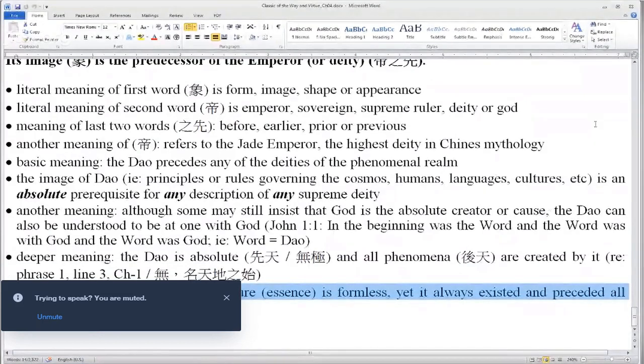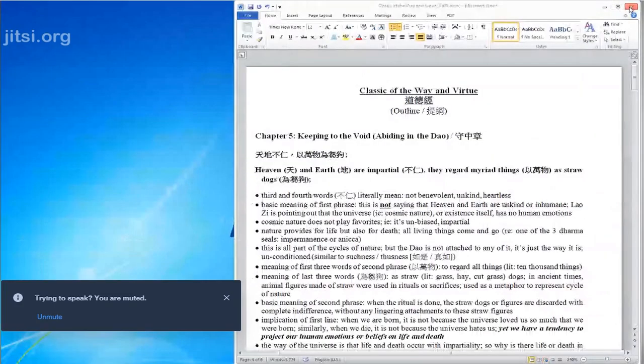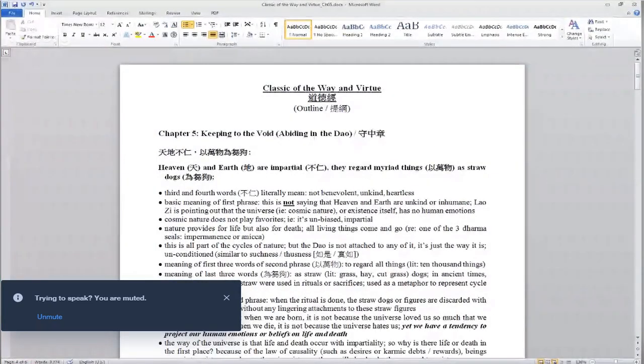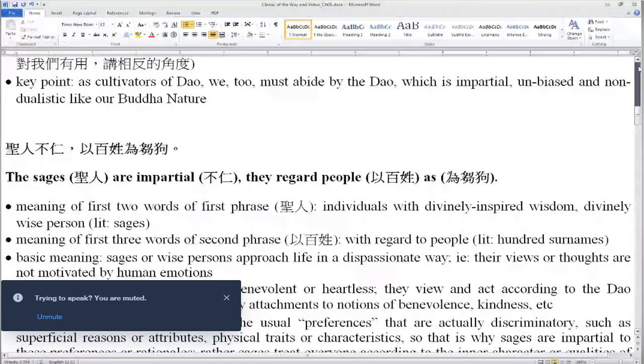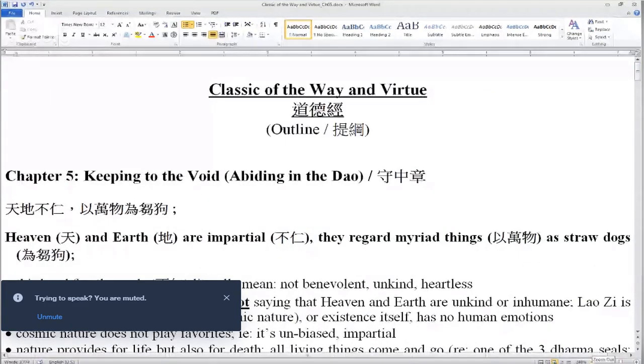Now I'd like to go to chapter 5. Here it goes. Can you guys see it, the whole thing? Is anything cut off? Nothing's cut off, right?